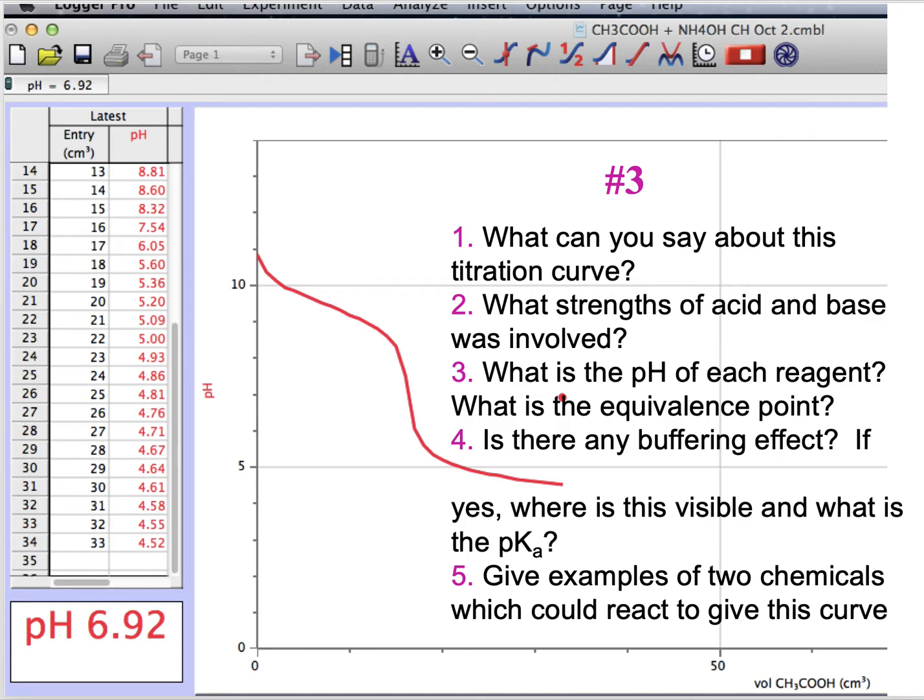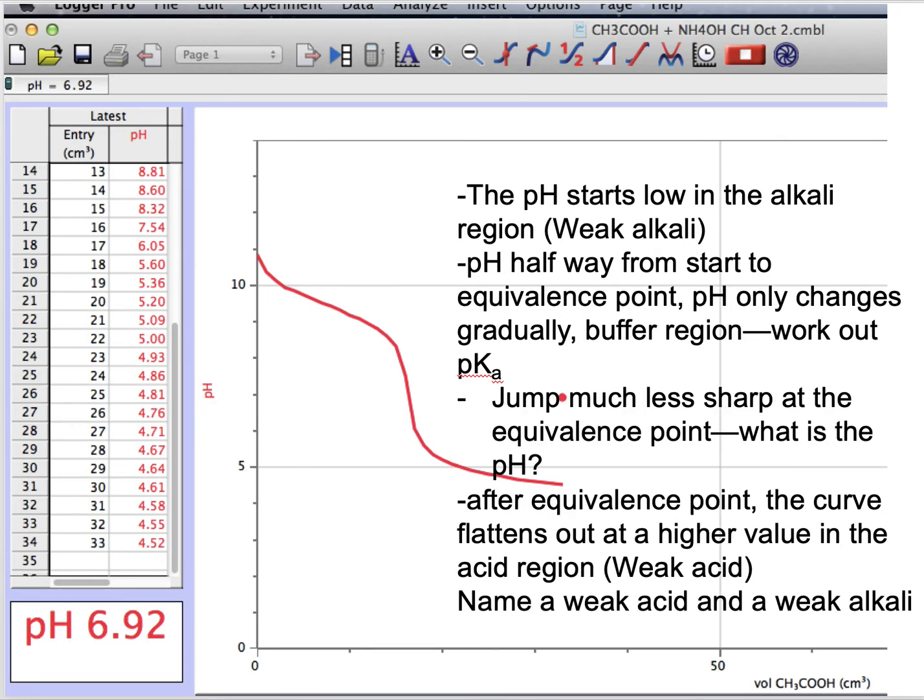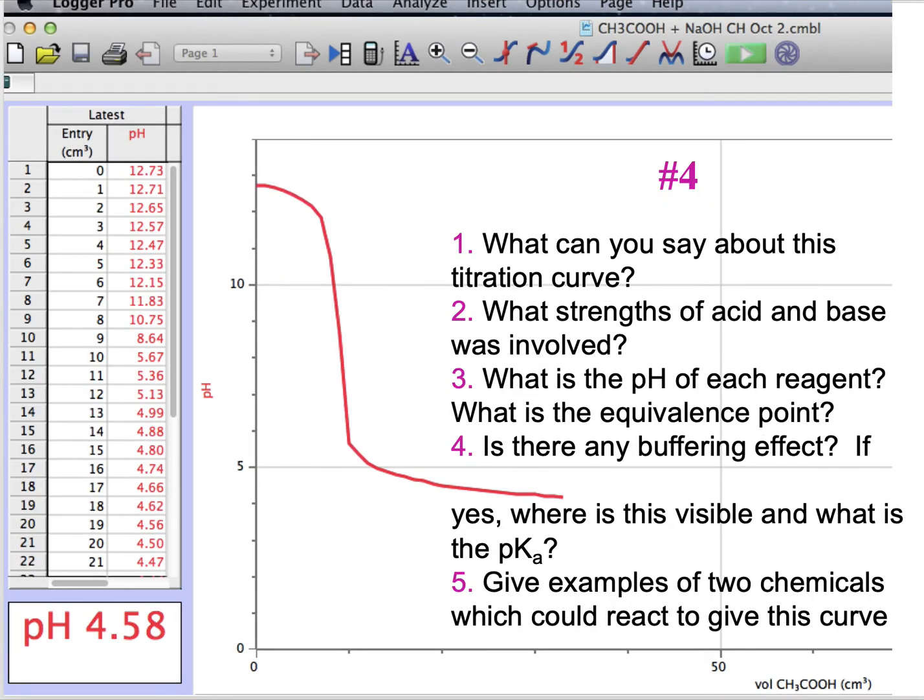Look at, can you identify clearly an equivalence point? And finally, the 4th one here, and last of these curves, to work through, pause to answer all of those 5 questions, please.